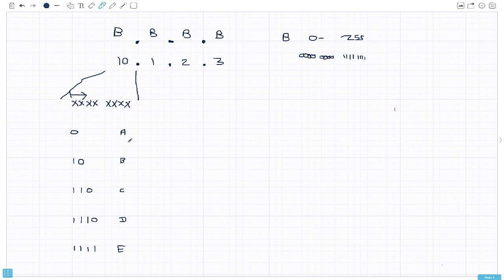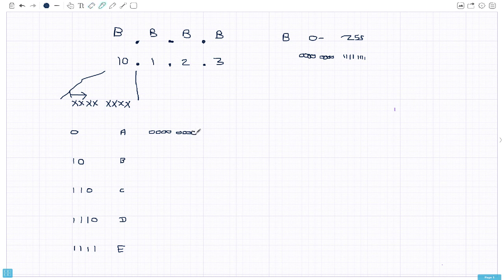Now, that means that A goes from 8 zeros to 0 followed by 7 zeros. So the possible numbers we have here are 8 zeros through to, I kind of messed up that last 0 there, I apologize.